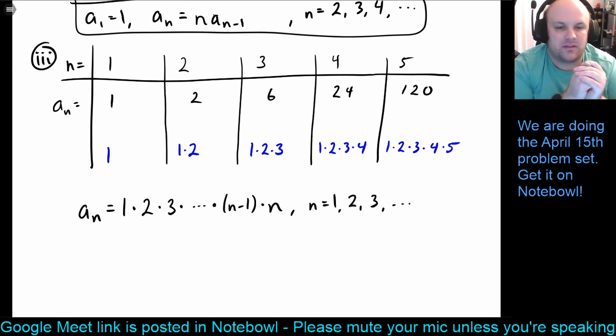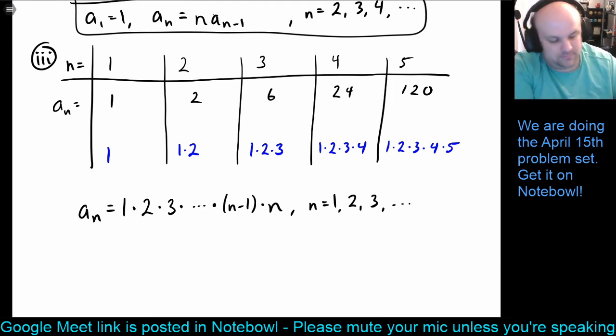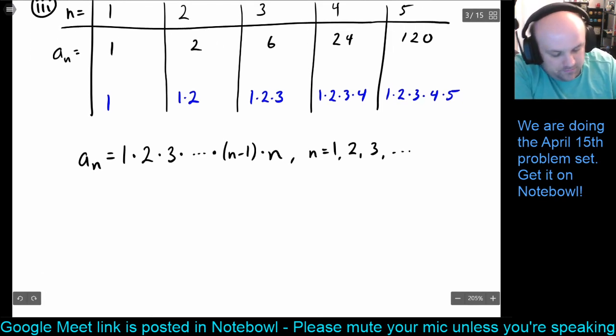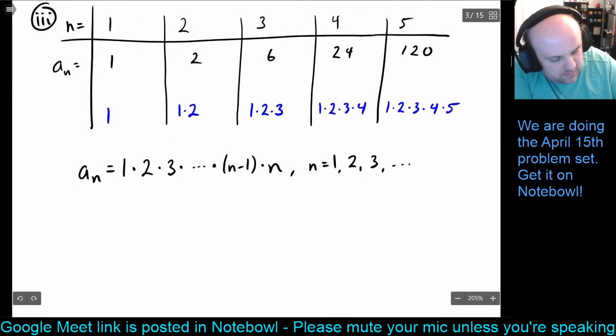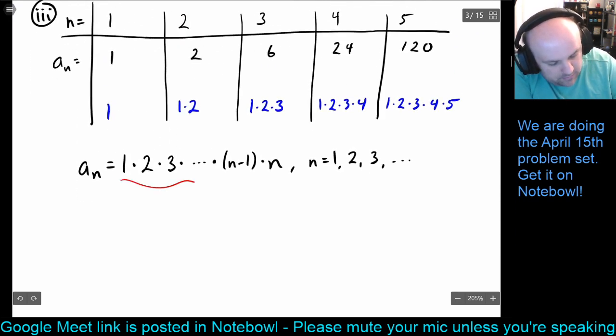So this type of expression is something we call a factorial. This right here is what we call a factorial.